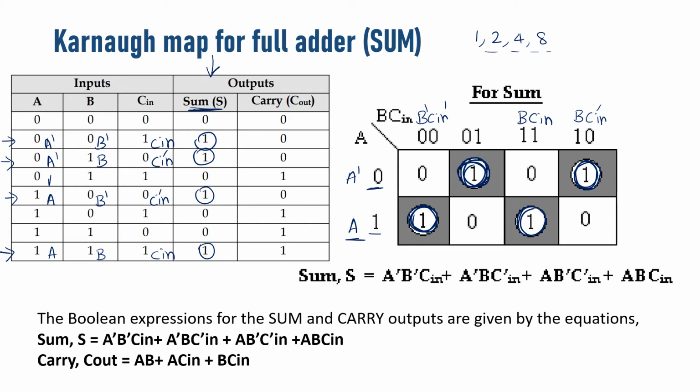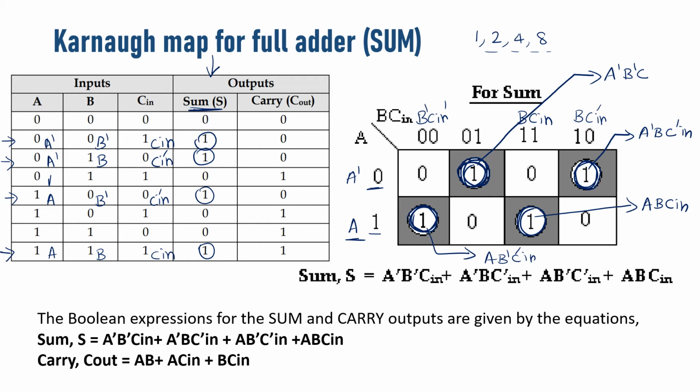Here we are going to take all the ones separately. For this place the value is A dash, then B dash, and this is C in. So we will get A dash, B dash, C in. For this we will get A dash, B, C in dash, and for this place we will get A, B, C in, and here we will get A, B dash, C in dash.